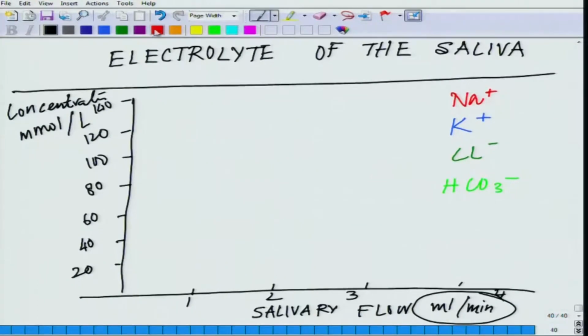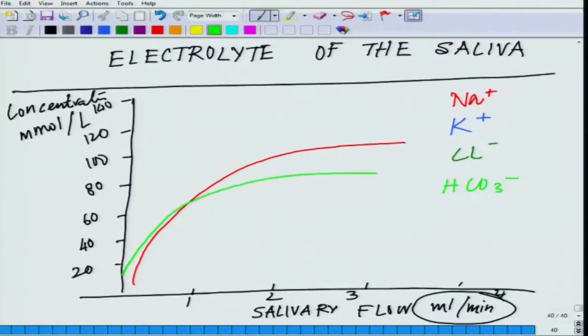The sodium profile goes up as the secretion proceeds. The HCO3 profile follows a very similar trend to sodium, but at slightly lower concentration, like this. Whereas the potassium concentration increases and then remains far lower.